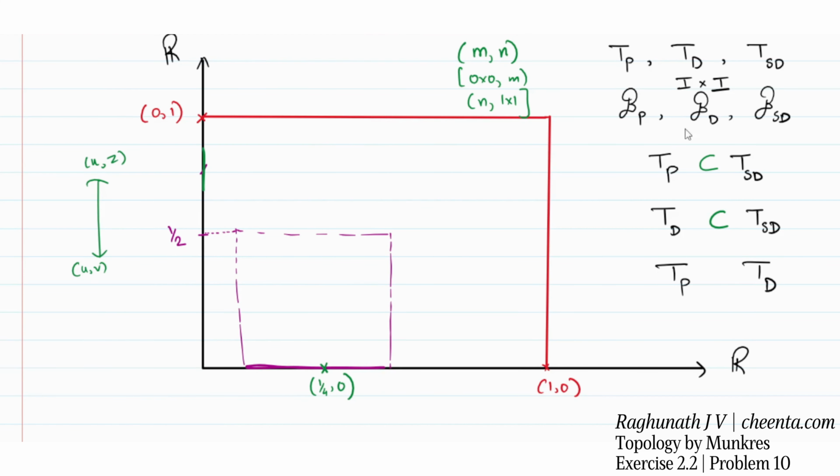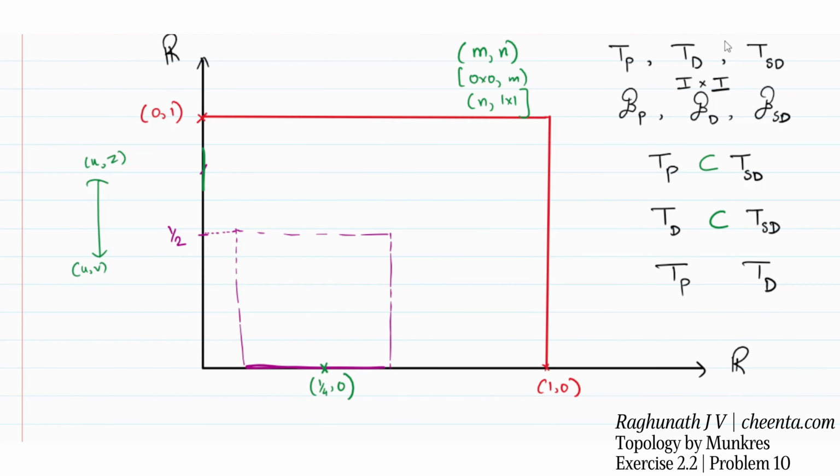Can you come up with the basis element from BD which contains 1 by 4, 0, this green point, and is entirely contained in this violet box? Turns out that it is not possible. Why? Because if you have to include this, then m value must be less than 1 by 4.